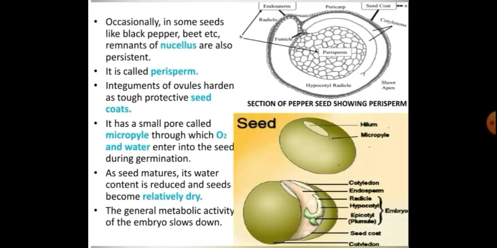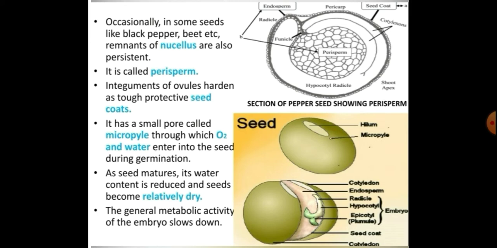Next, occasionally in some seeds like black pepper and beet, remnants of the nucellus are also persistent. What is the nucellus? It is also a nutritious tissue, present in the embryo sac.